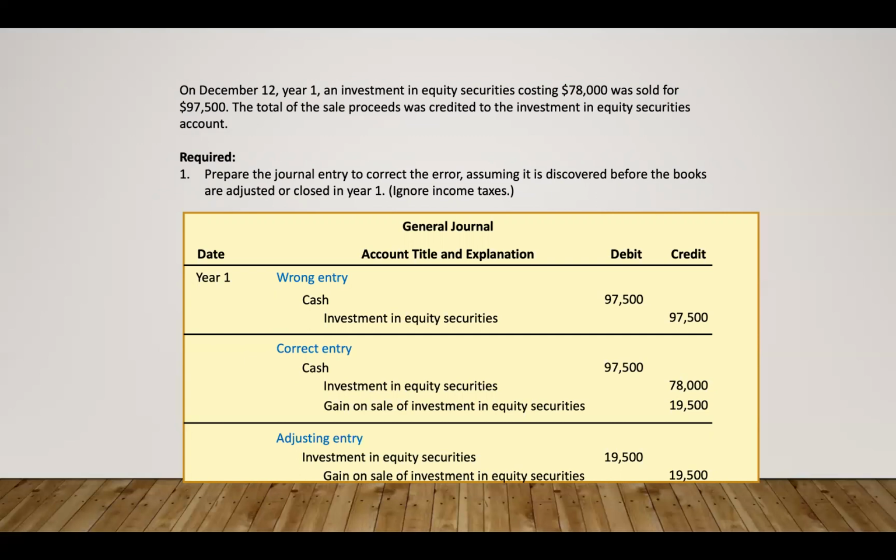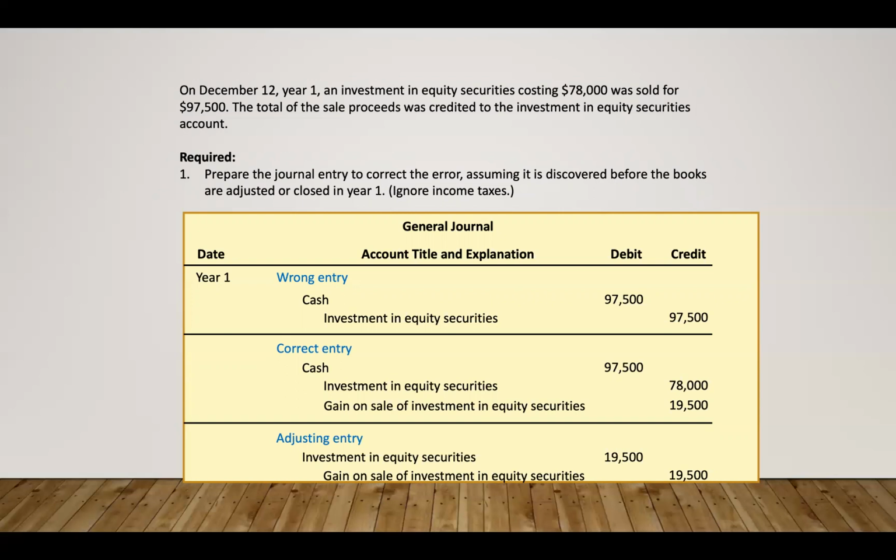So what happens if you didn't discover this mistake this year and you discovered the mistake the year after? In that case, first you have to see what's the cumulative impact prior to year 2. The cumulative impact due to this mistake is you understate the investment in equity, you understate the gains.